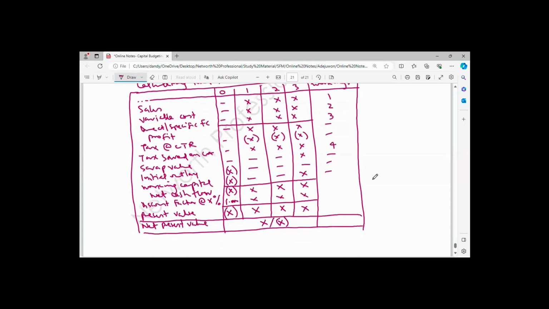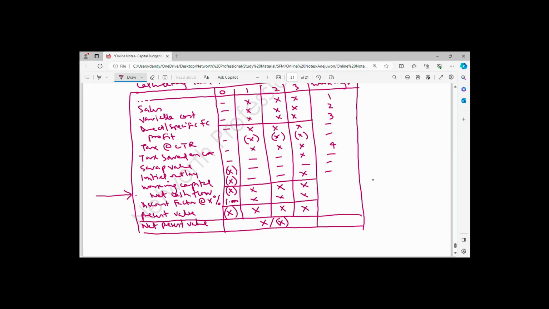However, for other techniques like payback period, modified internal rate of return, discounted payback period, adjusted present value, in fact, including project duration, whatever you have here at this net cash flow, you can use it to calculate anything.